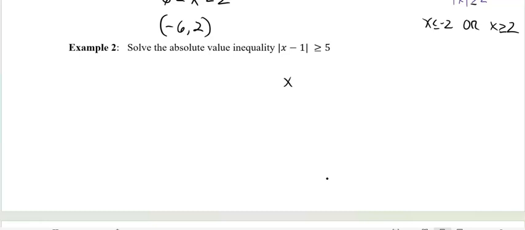All right, let's see if we can do that for the next one. It's a greater than, so I set up one inequality right away. Just drop the absolute value bars. It's greater than the +5. And the other scenario, it's going the other direction. That means it's less than or equal to the -5.